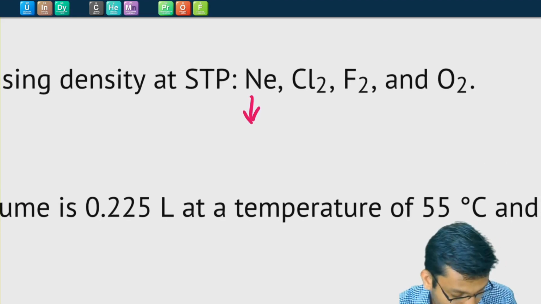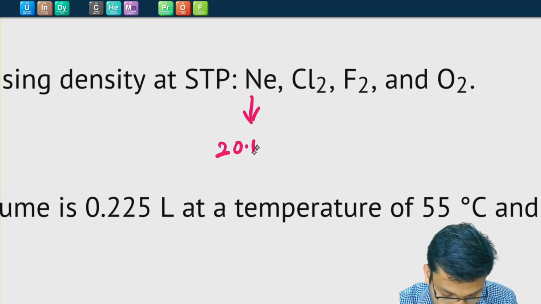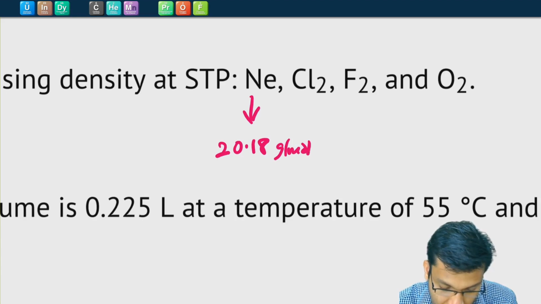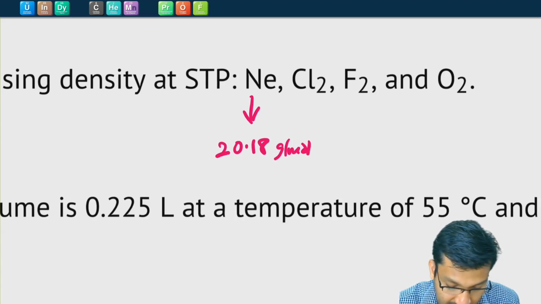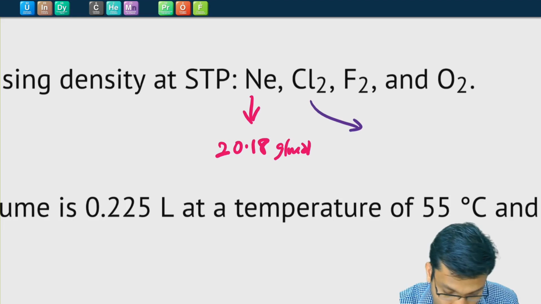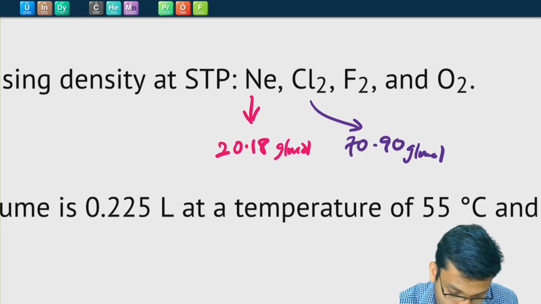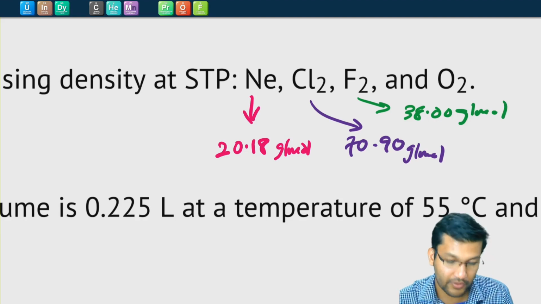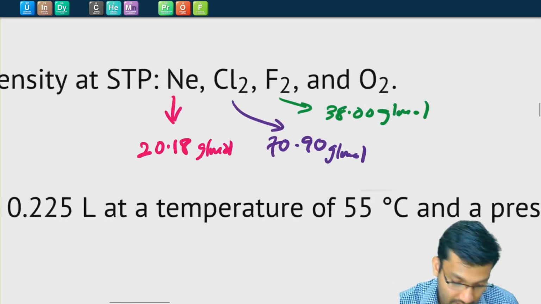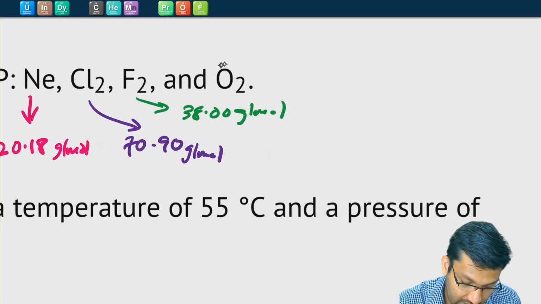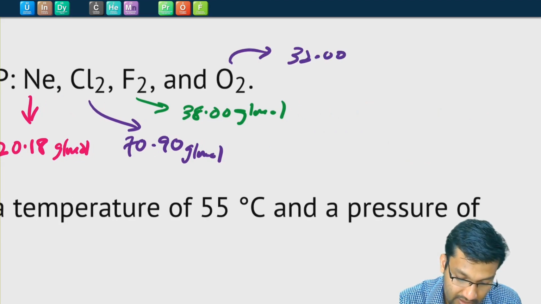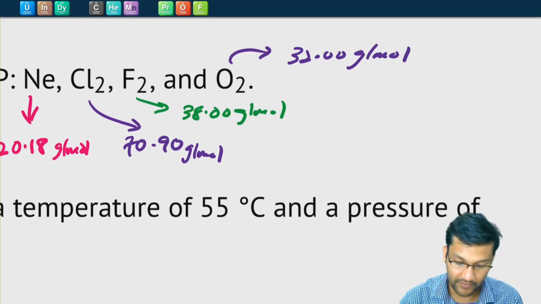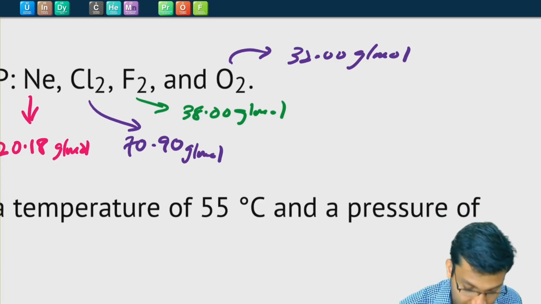Neon has a molar mass of 20.18 grams per mole. We know this, we just look at the periodic table. Cl2 has a molar mass of 70.90 grams per mole. Fluorine, F2, has a molar mass of 38.00 grams per mole. You just take the molar mass of fluorine, which is 19, multiplied by 2. And oxygen would just be 32 grams per mole because we just take the molar mass of oxygen, 16.00, multiplied by 2.